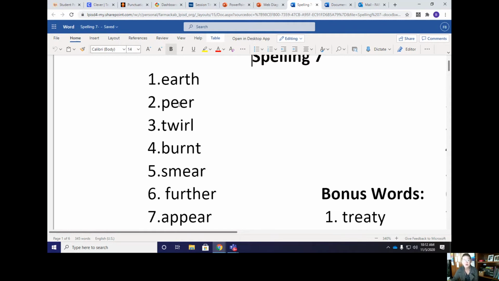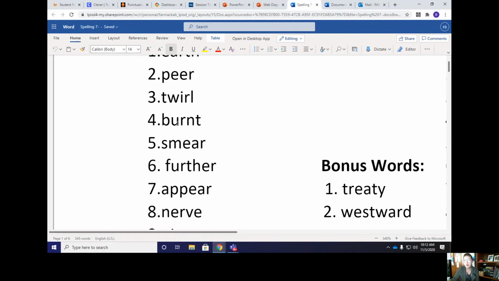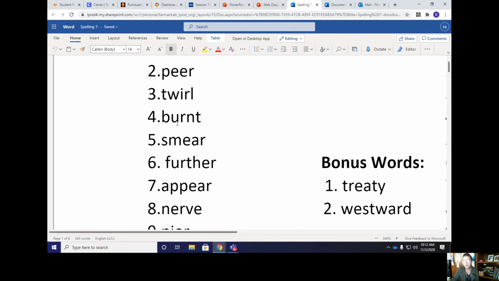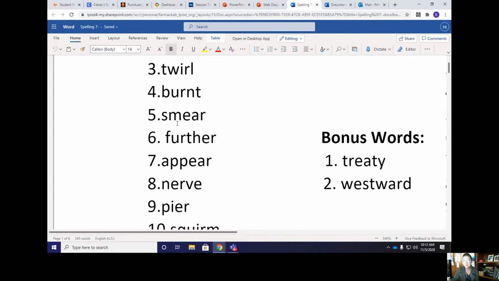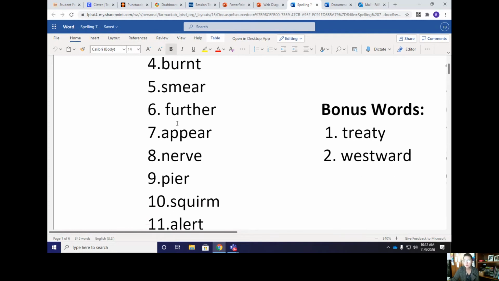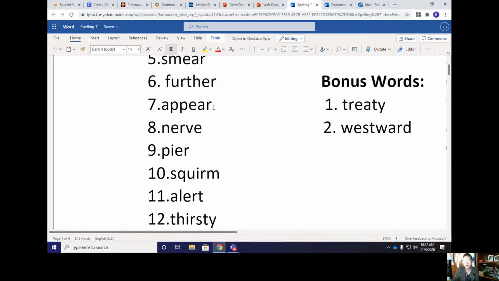This pier is like your friends, your neighbors, your family, like just a peer that you know, a person that you know. Number 3 is twirl. Twirl. Number 4 is burnt. Burnt. Number 5 is smear. Smear. Number 6 is further. Further. Number 7 is appear. Appear. Number 8 is nerve.